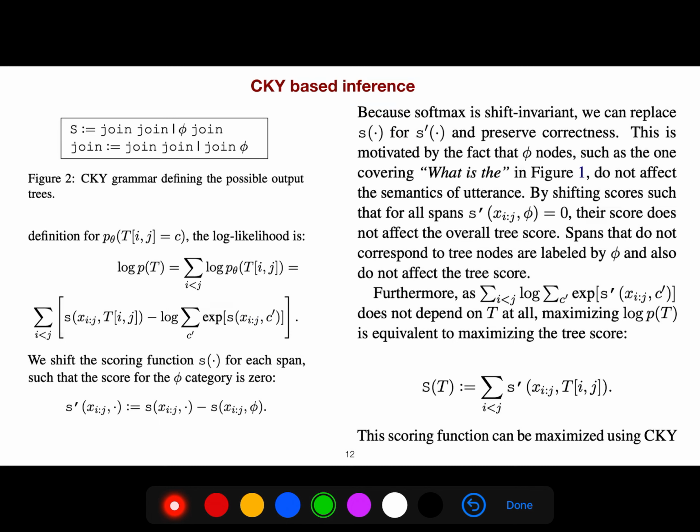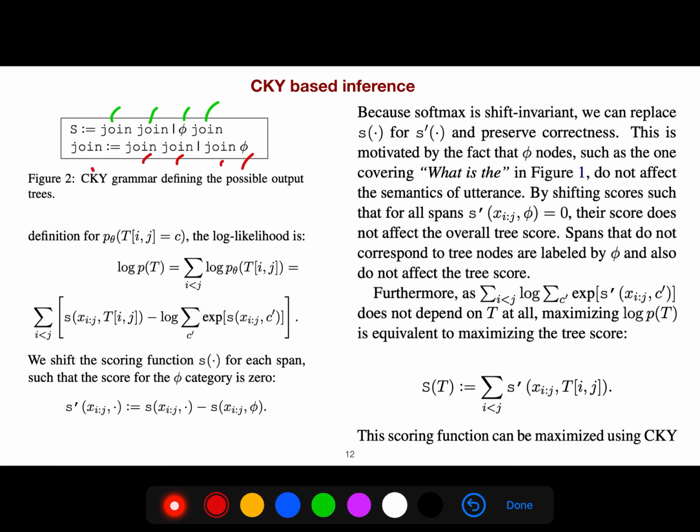The grammar that we want is very simple. For example, S is composed of join and join, or S is composed of null and join. Another one is join is composed of join and join, or join and null.